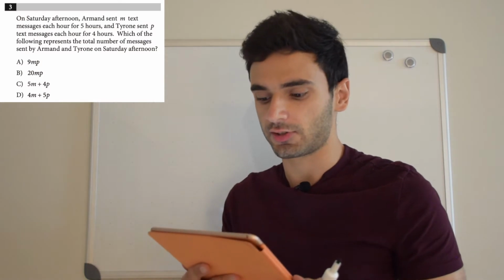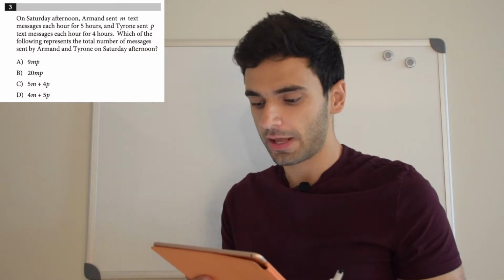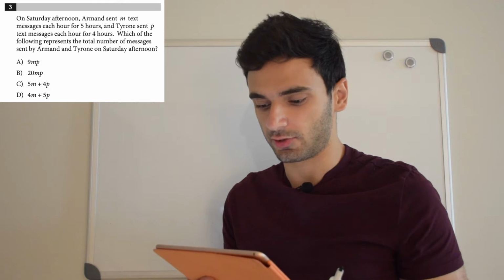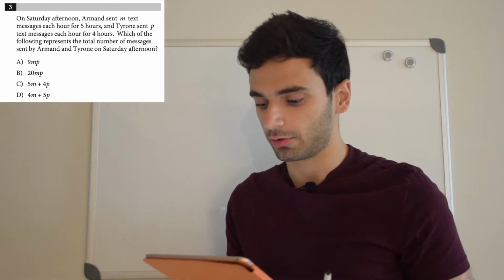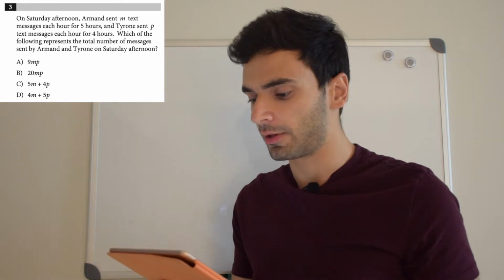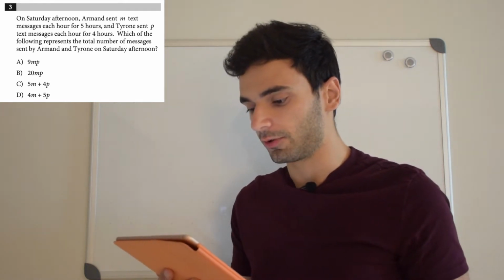The next question. On Saturday afternoon, Arman sent M text messages each hour for 5 hours, and Tyron sent P text messages each hour for 4 hours. Which of the following represents the total number of messages sent by Arman and Tyron on a Saturday afternoon?